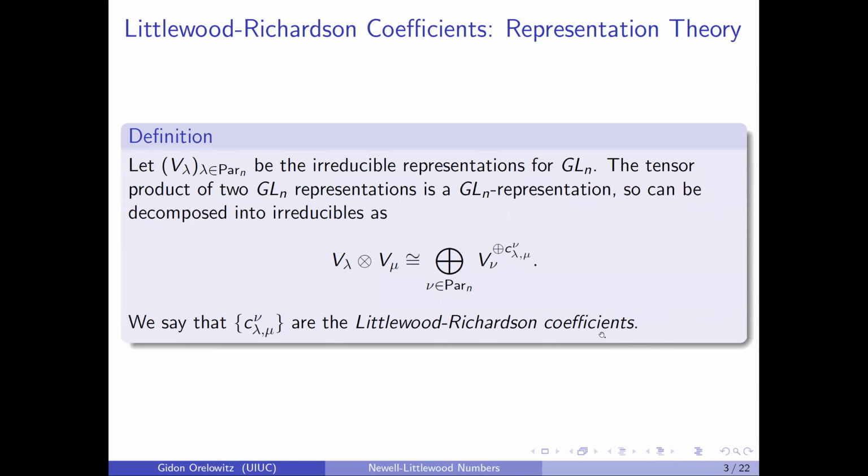So one of the reasons we might care about partitions is because the partitions with at most n parts enumerate the irreducible representations for GL_n, the set of n by n invertible matrices. So if you take the tensor product of any two representations, you're going to get another representation, and because GL_n is a reductive group, you can decompose it right back into the irreducible representations.